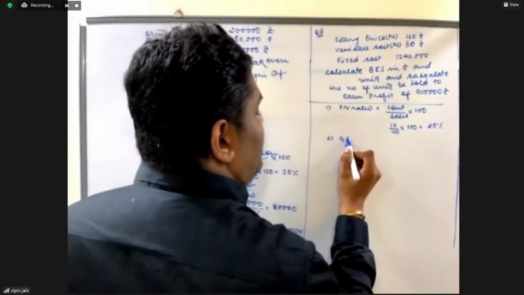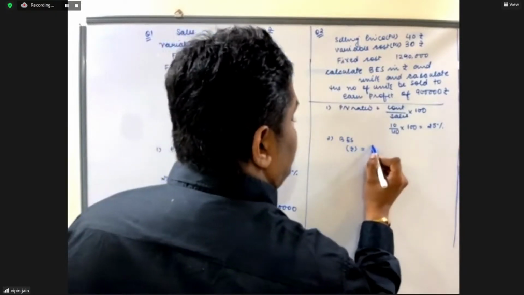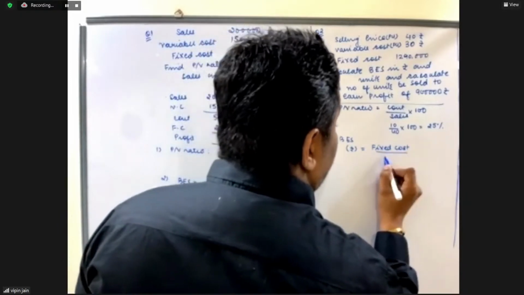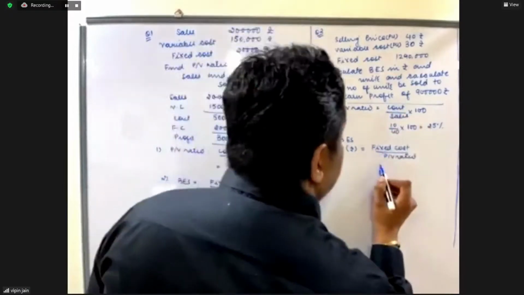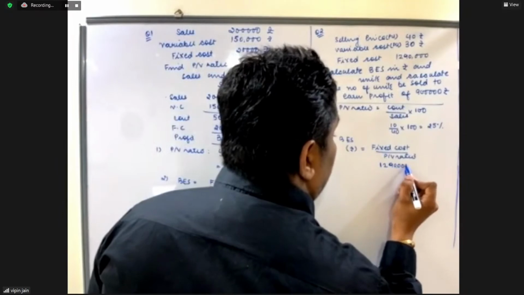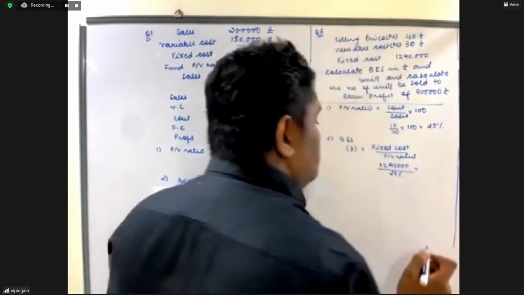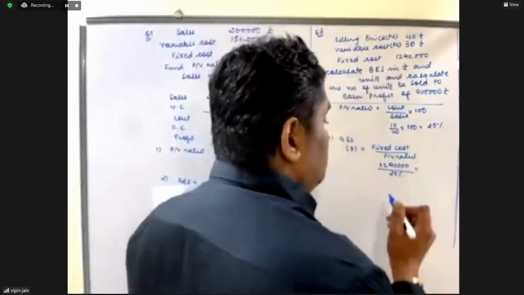Second is break-even sales in rupees. It is fixed cost divided by PV ratio. Again, fixed cost is 12,90,000 divided by my PV ratio, that is 25%. So the answer was 51,60,000.